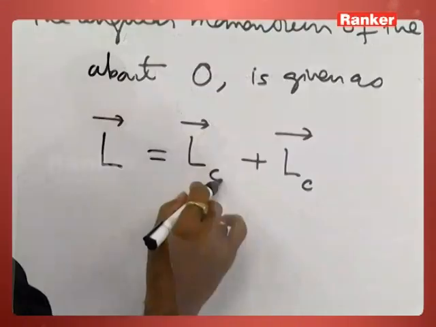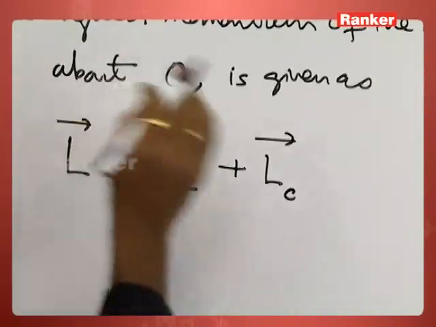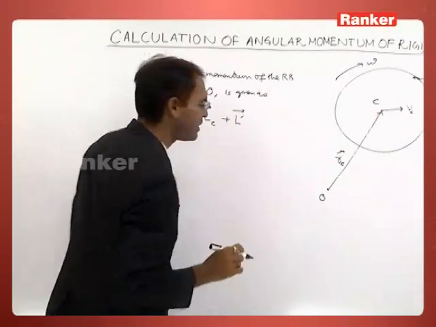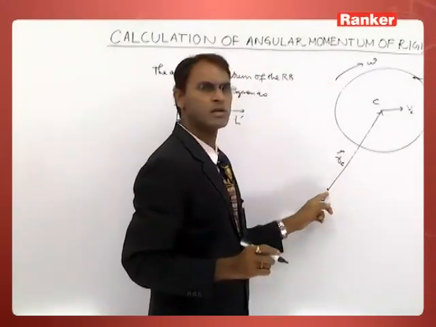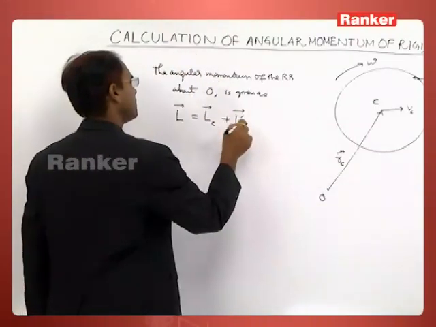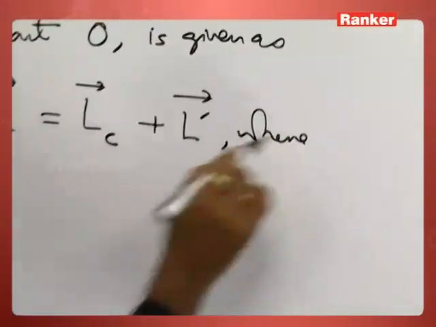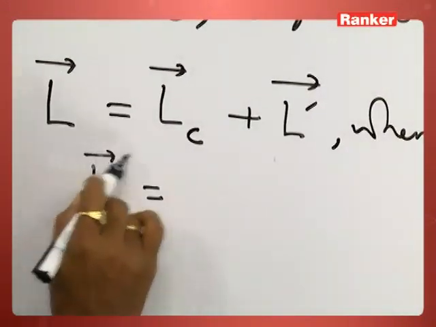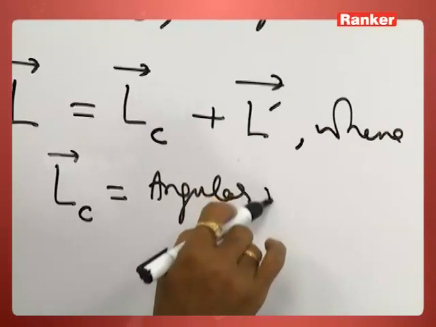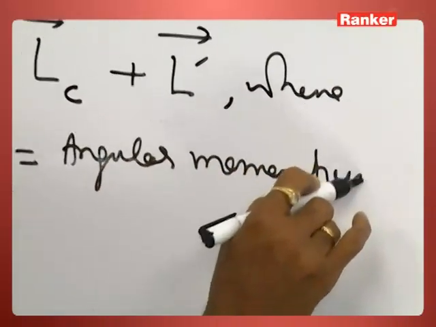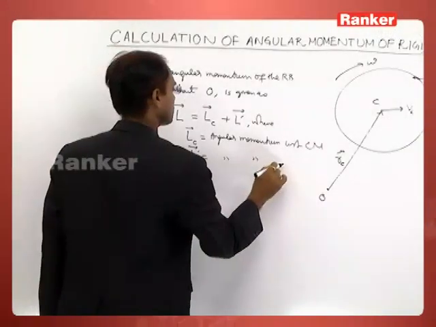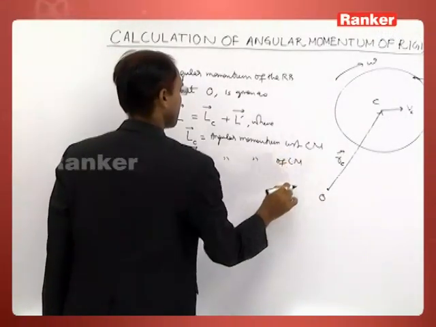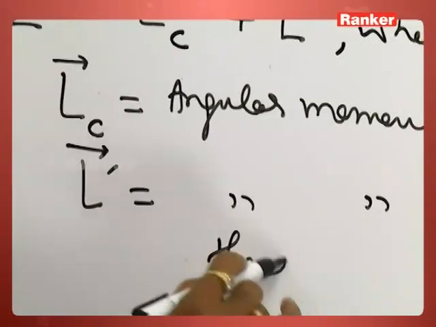Angular momentum of the rigid body with respect to the center of mass frame, let it be L_C, and angular momentum of the center of mass with respect to the given point can be given as L', where L_C is the angular momentum with respect to center of mass frame, and L' is the angular momentum of center of mass with respect to the given point.